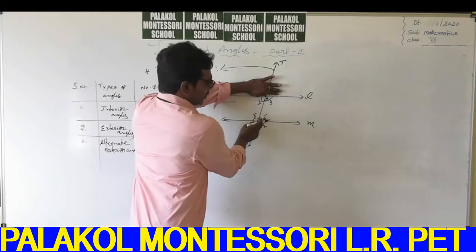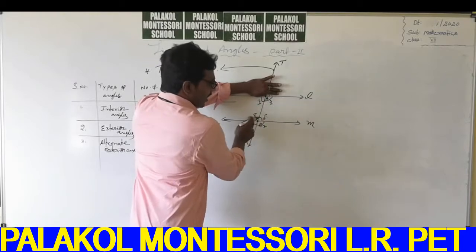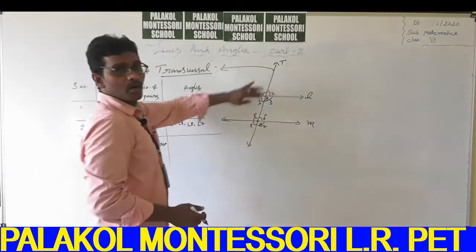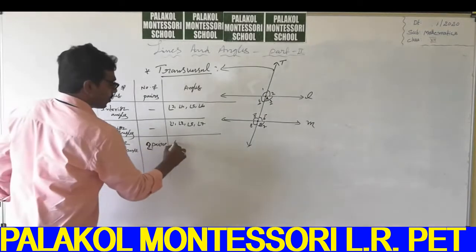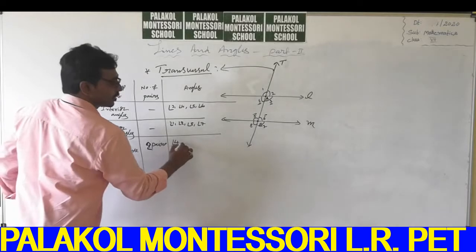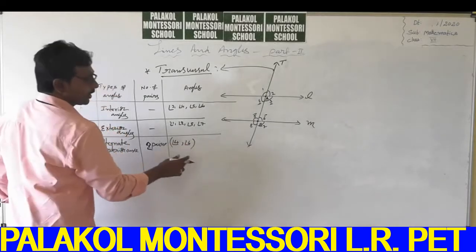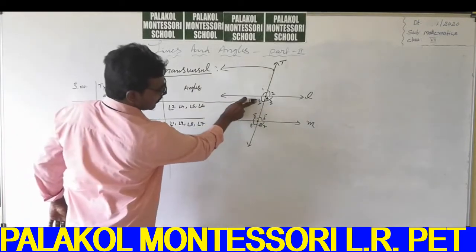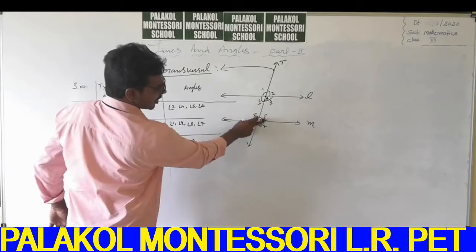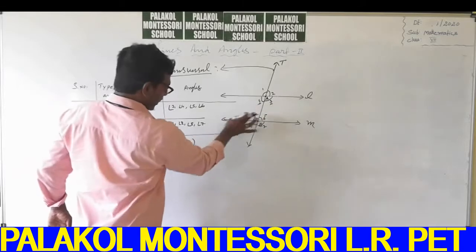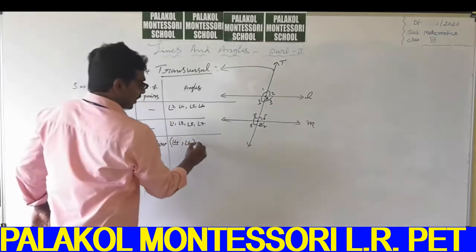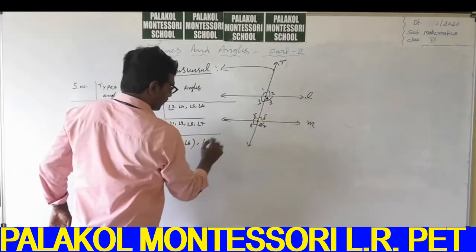Angle 4, angle 6 is one pair. Angle 5, angle 3 is one pair. So how many pairs? Two pairs. Angle 4 and angle 6 are called alternate interior angles. So the two angles are angle 4, angle 6. Next one, angle 3, angle 5.